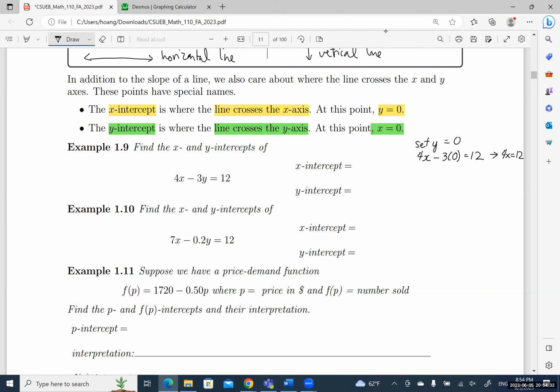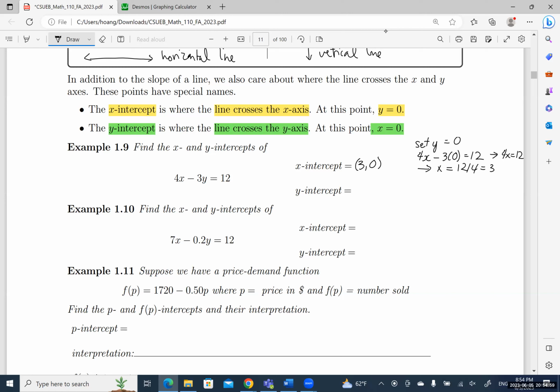That gives us x equal to 12 divided by 4, which equals 3. So the x-intercept will be written as the point 3, 0.